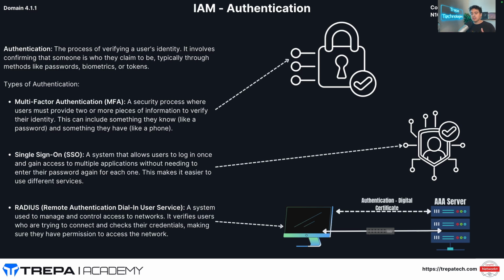So we have something you know: usernames, passwords, PINs. Something you have: cell phones, physical tokens like a YubiKey, push notifications, SMS messages, an authenticator app. And then it's going to be something you are. That's your biology, or what we call biometrics.